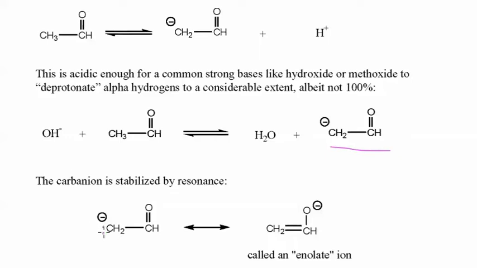Put in the 2 electrons that would be present on that carbon with a negative charge. I can draw this other resonance form by reassigning those to make that a double bond. At the same time, the double bond to oxygen becomes a single bond, and so we relocate some electrons. And what we have over here on the right side is the negative ion of something that we would call an enol.